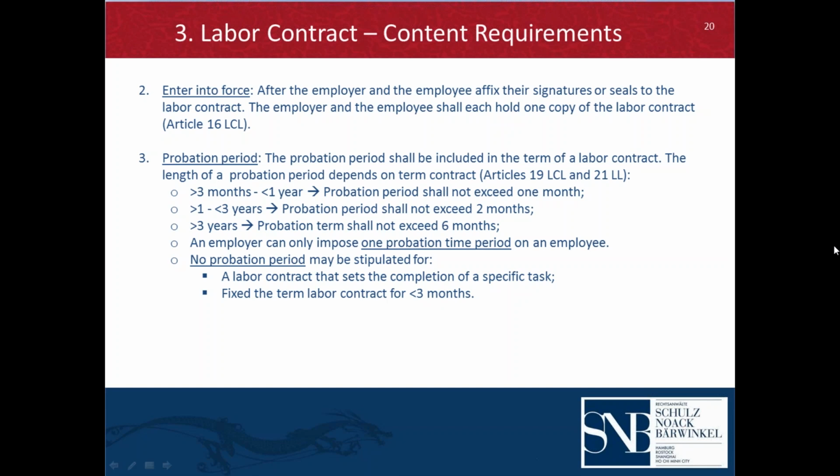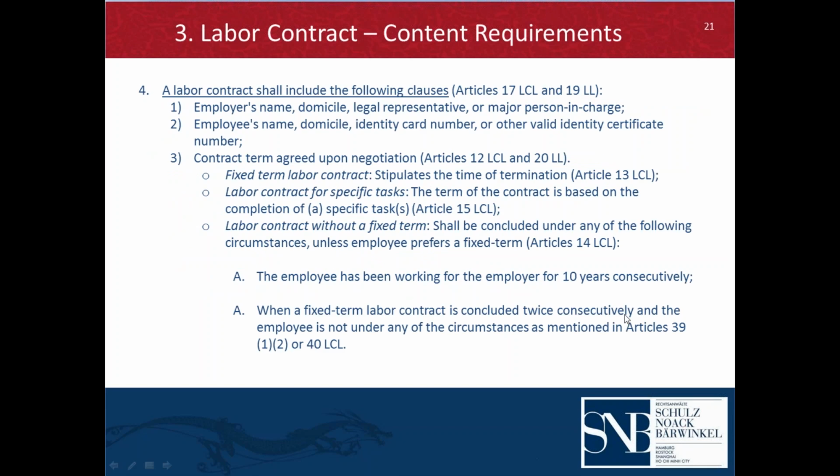Next slide, please, Christina. The labor contract law has a list of issues which must be included in the labor contract. This is the employer's name, domicile, the name of the legal representative or major person in charge, the employee's name, his domicile, identity card number, or other valid identity certificate numbers.